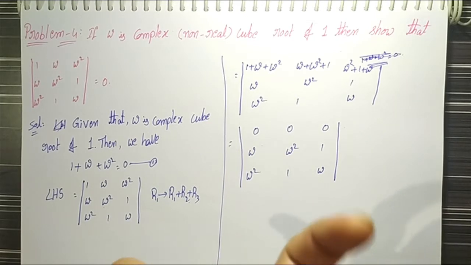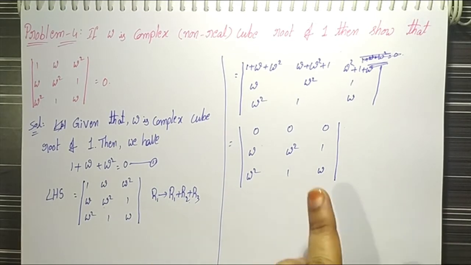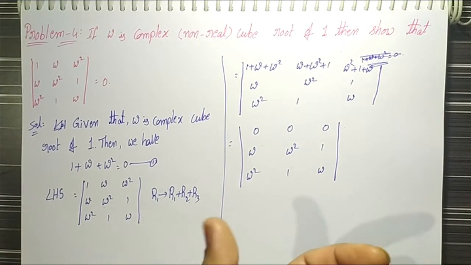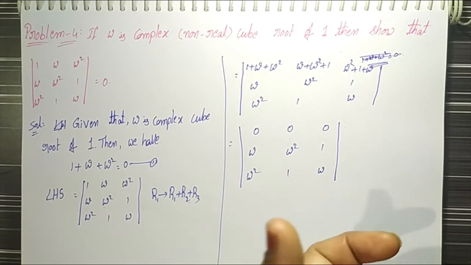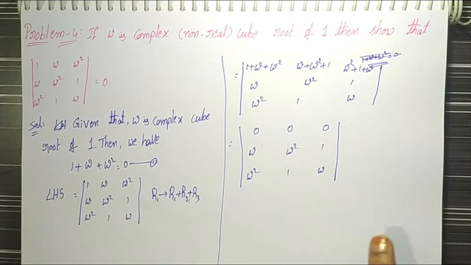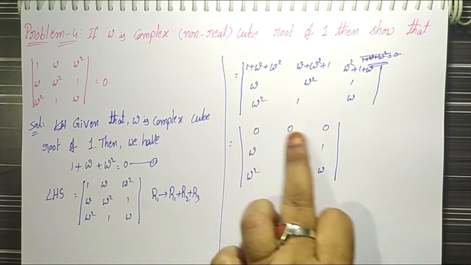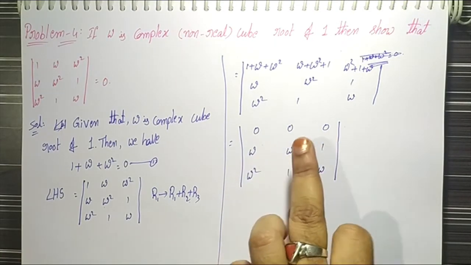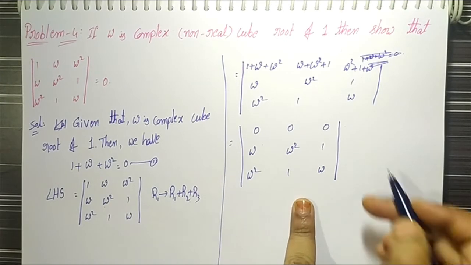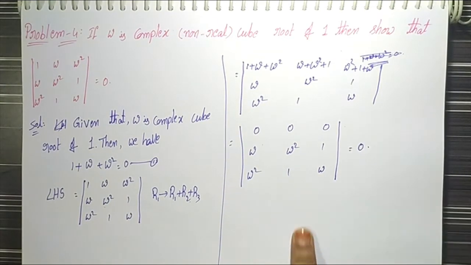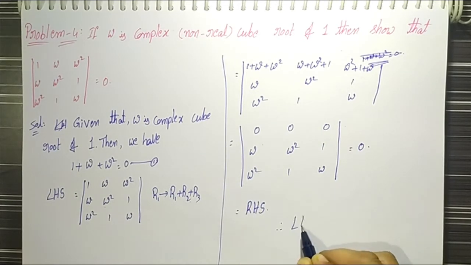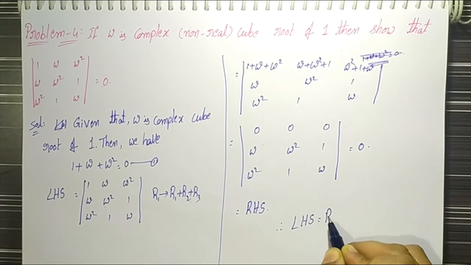One of the properties is that if all the elements in any one row or one column are 0, then the determinant value is equal to 0. In this problem, the first row has all elements equal to 0. Then by using that property, this determinant value is equal to 0. That is equal to RHS. Therefore, LHS equals RHS.